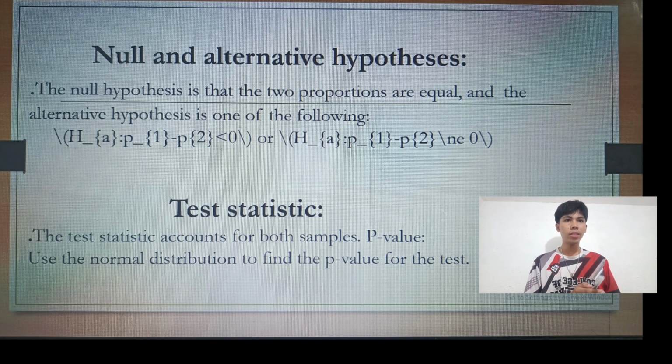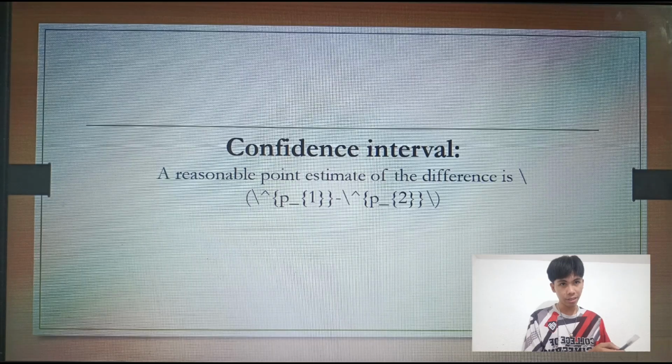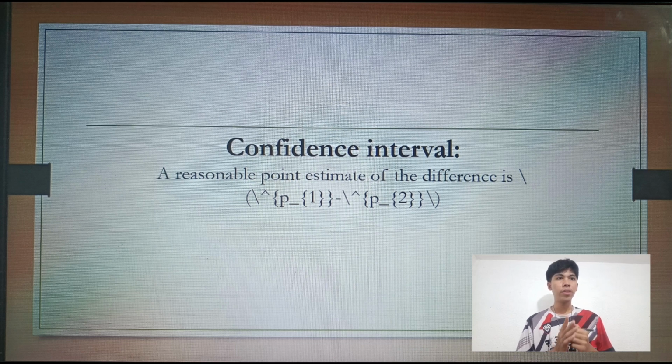Use the normal distribution to find the p-value for the test. In the confidence interval, a reasonable point estimate of the difference is p̂1 - p̂2.